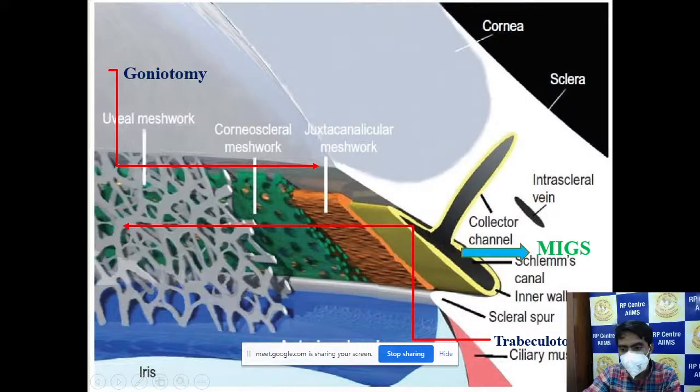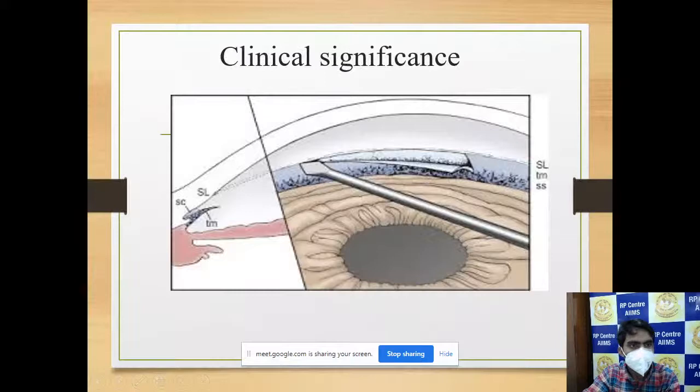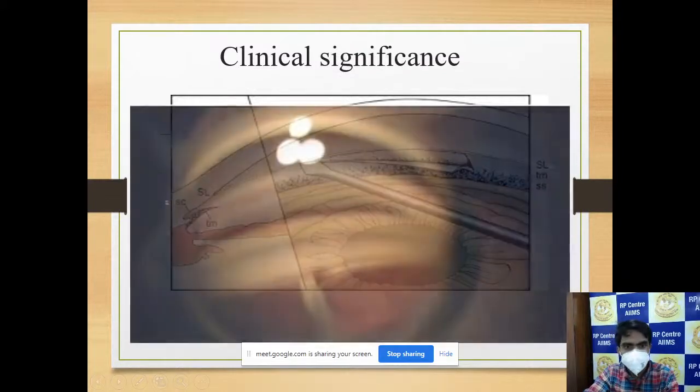Then coming to minimally invasive glaucoma surgeries, we place whatever implant or surgery we are doing, so we make Schlemm's canal open here. Then coming to the clinical significance, the image showing goniotomy, where we place the gonio lens and tear the trabecular meshwork here.